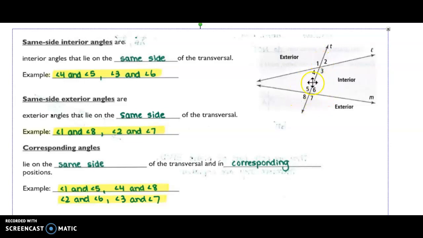Down here, out of 5, 6, 7, 8, which one is the top left angle? Angle 5. So these are your corresponding angles. 2 corresponds to 6, 3 corresponds to 7, and 4 corresponds to 8. These are going to be pretty important to know.